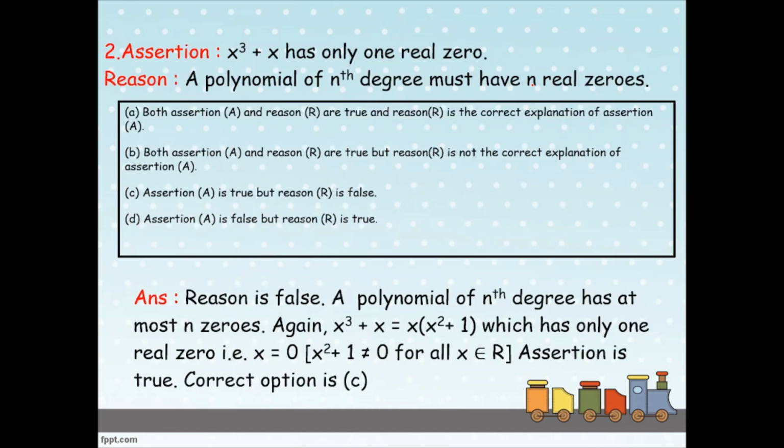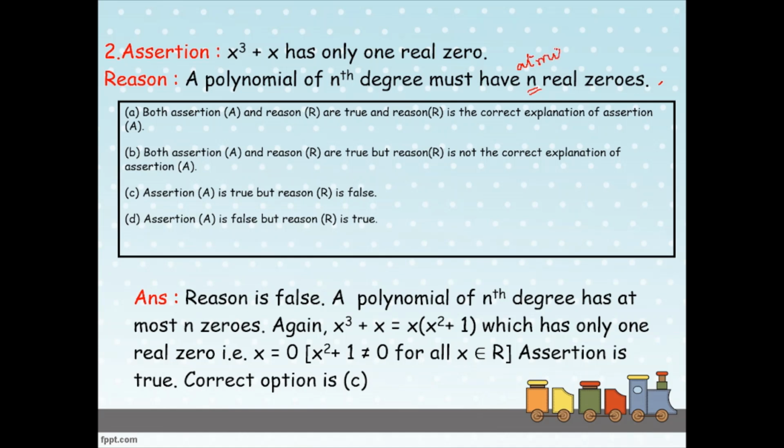Now question number 2. Assertion: x cube plus x has only one real zero. Reason: a polynomial of nth degree must have n real zeros. When you talk about this reason particularly, see here, a polynomial of nth degree must have at most n real zeros, not exactly n real zeros, at most.